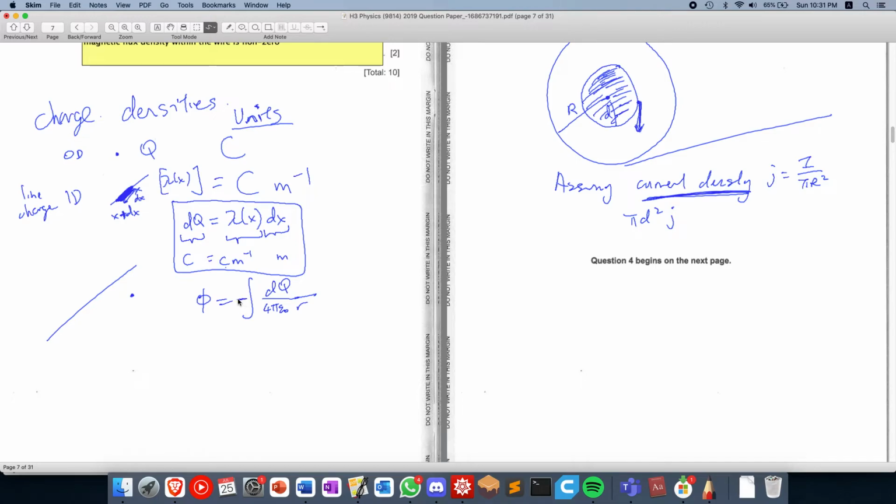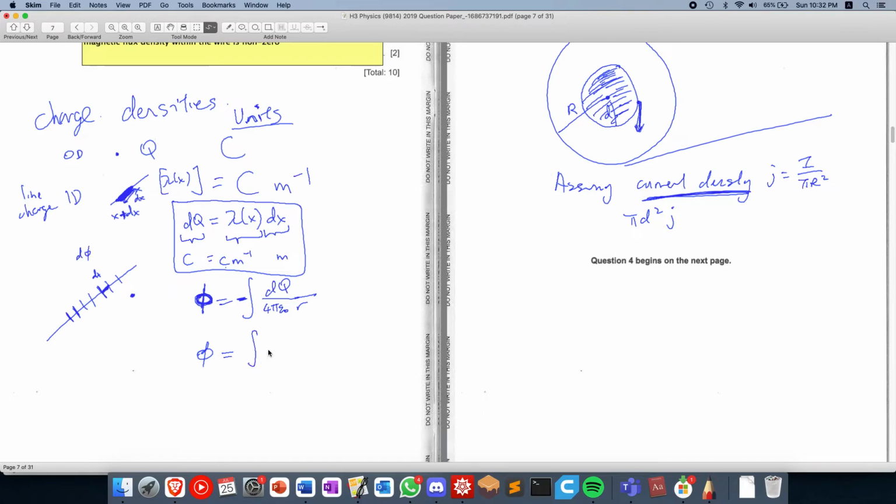If you want to find the total electric potential at a point due to a line charge, it is going to be the sum of many small contributions. Each one of these small contributions of length dx is going to contribute a certain d phi.